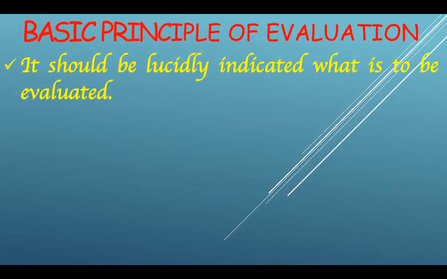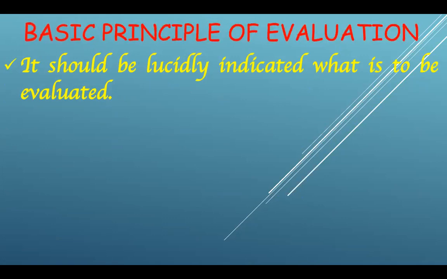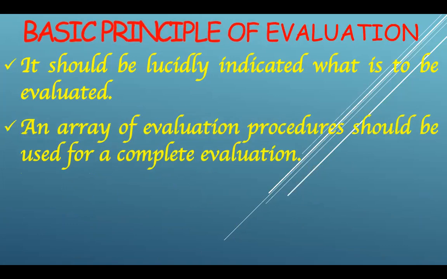Teachers must frame teaching objectives which must be predefined lucidly, clearly, in terms of the learner's behavior. The purpose of the learning outcome must be clearly stated for the selection of the achievement methods. Next is, an array of evaluation procedures should be used for a complete evaluation process.